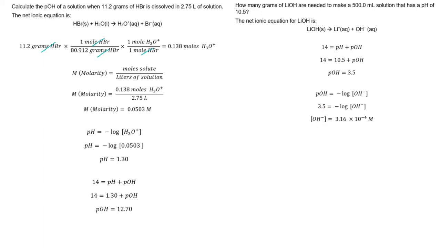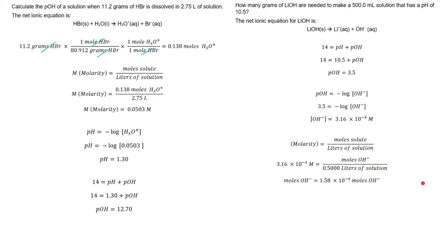I have concentration of hydroxide, but how many moles of hydroxide do I have? To determine moles of hydroxide, we are going to use our equation for molarity again. Here it is. In this case, we know our molarity right here. Our problem gave us our liters of solution. We have 500 milliliters or 0.5 liters of solution. We can calculate moles of hydroxide. So our moles of hydroxide are 1.58 times 10 to the negative fourth.